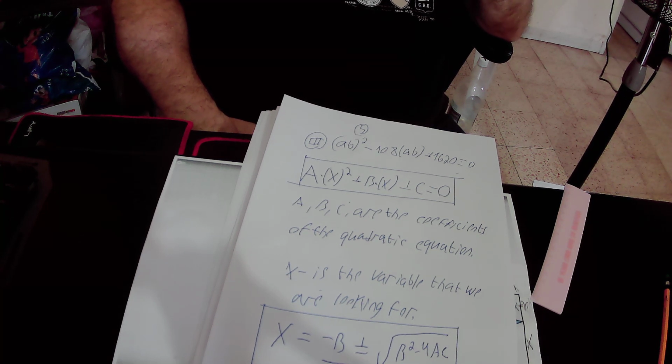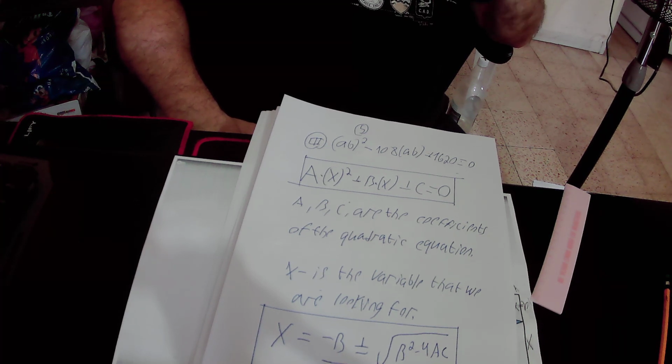Okay, so now we will implement this knowledge in order to solve our specific quadratic equation. First of all, we will find out the values of a, b, and c in our quadratic equation, and also the value of x.